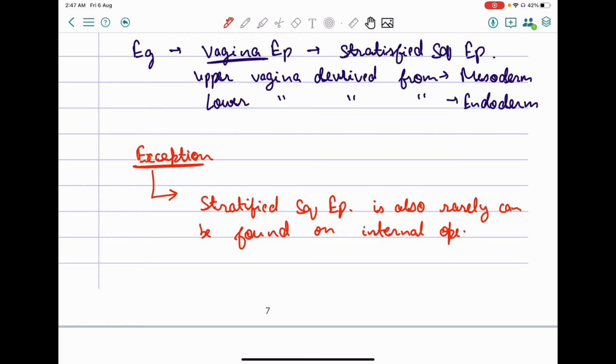I told you that these are only found in external openings, but there is a place where they can be found in an internal opening also. Which is the place? That is vocal cords. At vocal cords, stratified squamous epithelium is found.